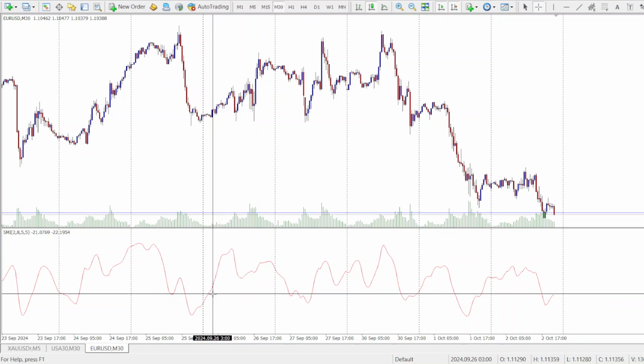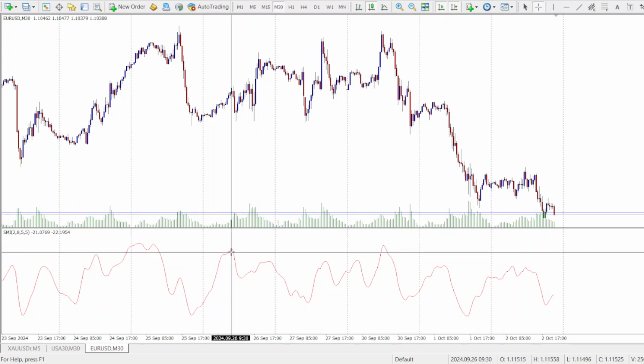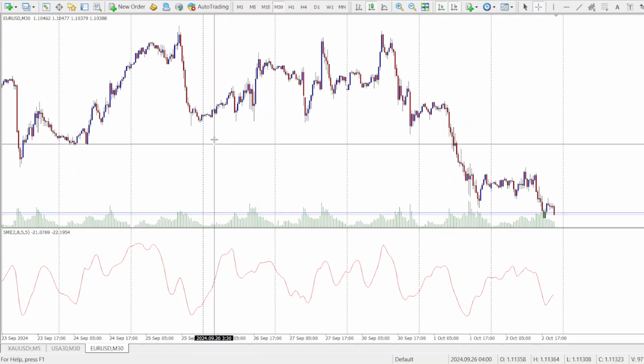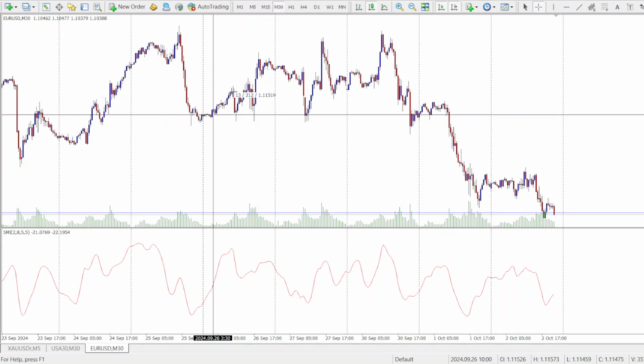Entering the buy trade around here and exiting right after this downward curve would have given us somewhere around 21 pips.